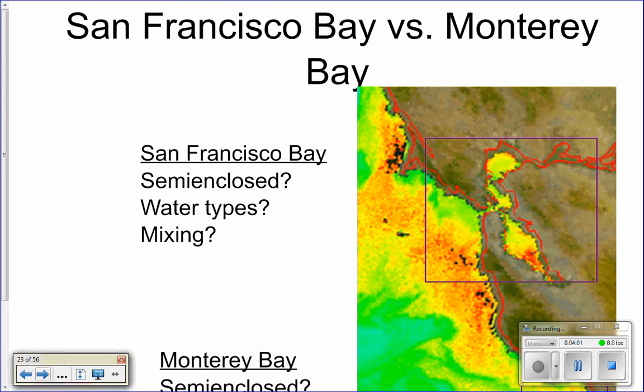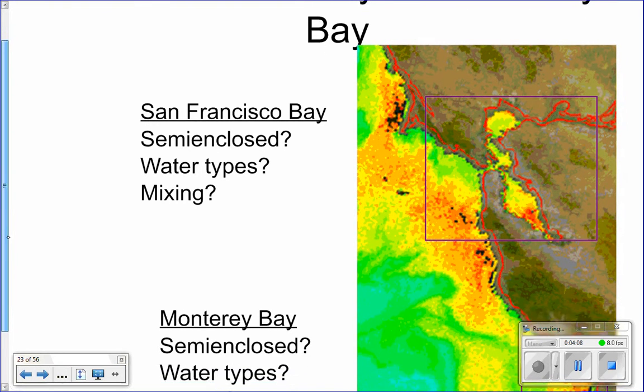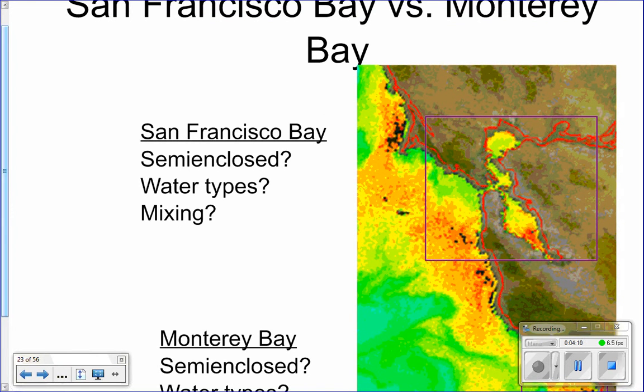All right, so let's look at a couple of places and see if we can figure out if they're estuaries or not. In the map, I'll help you figure out the map. So this is San Francisco Bay. Everything in yellow and green, that's water, and the brownish green color, that's land. So is it semi-enclosed? Yes.